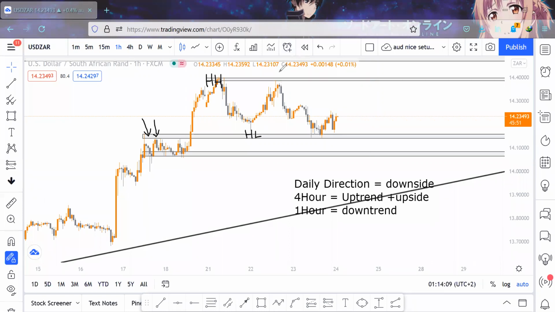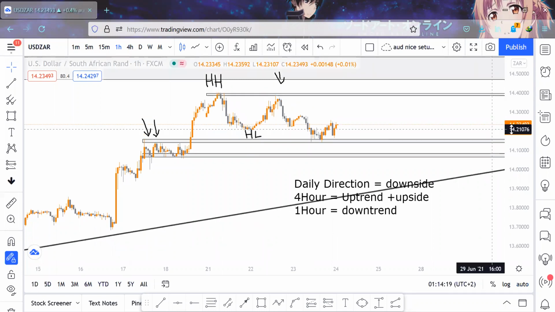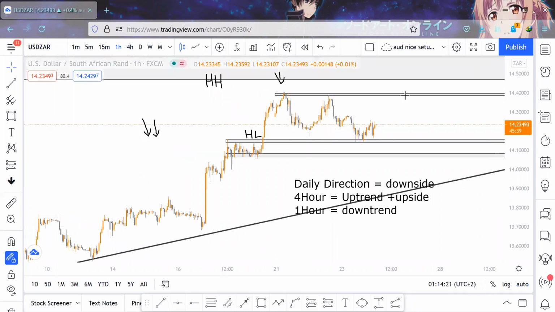By saying that, I'm going to show you guys here. We had the market test this level here. Let me move this so that we can get a better view. Okay. So we had the market make this higher high here, right? And then we had it make this higher low here, right?